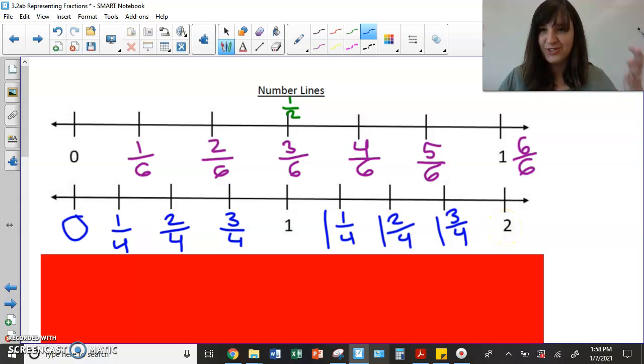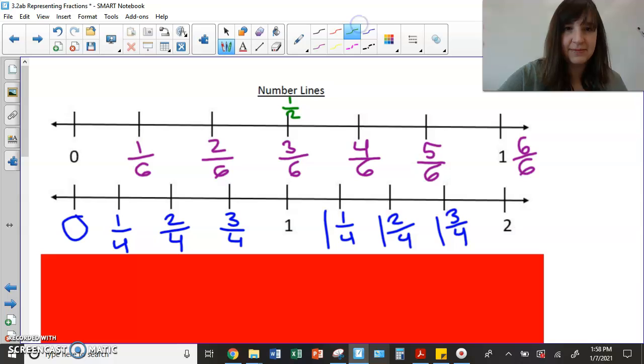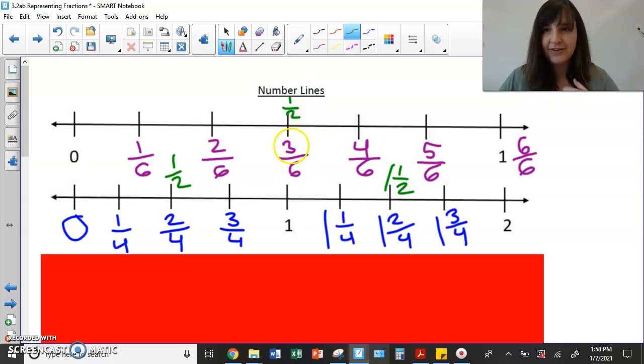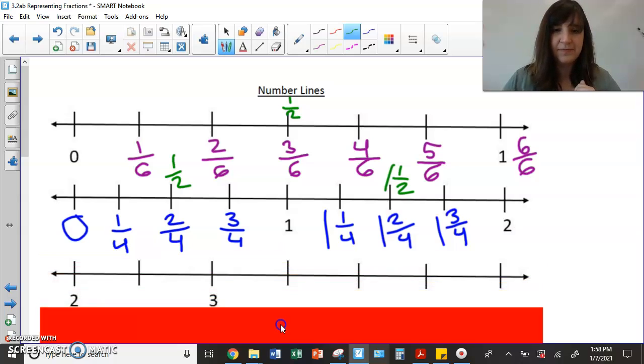Well, that 4/4 turns into another whole number, so that's why we get 2, and then we would continue that pattern on. 2/4 can be simplified into 1/2, and over here as well, so this would also be equal to 1 and 1/2. So anytime my numerator is half of my denominator, that's equal to 1/2. If that doesn't make too much sense to you right now, don't worry about that too much. We're going to talk more about that, especially when we talk about equivalent fractions.